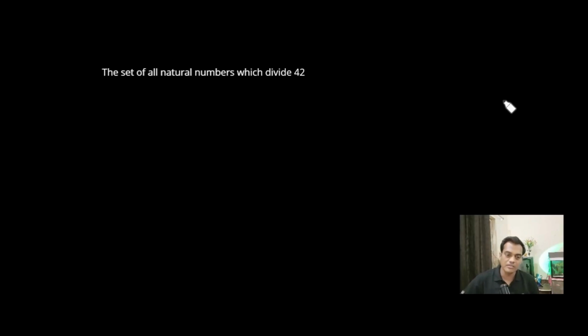Now here again we have a set of all natural numbers. The natural numbers start from 1, 2, 3, 4, 5, 6 and like that. But we require only those natural numbers which divide the number 42.